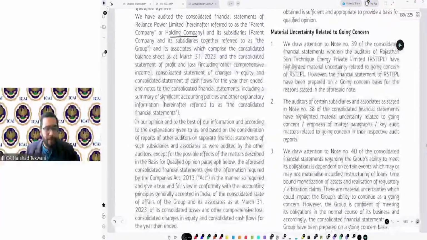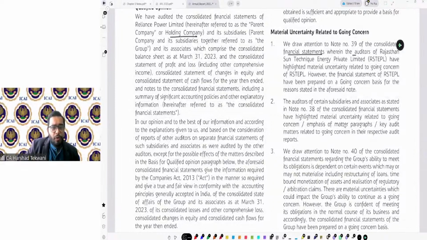If I show you another one, see, wherein the auditor of this particular company highlighted material uncertainty relating to going concern.